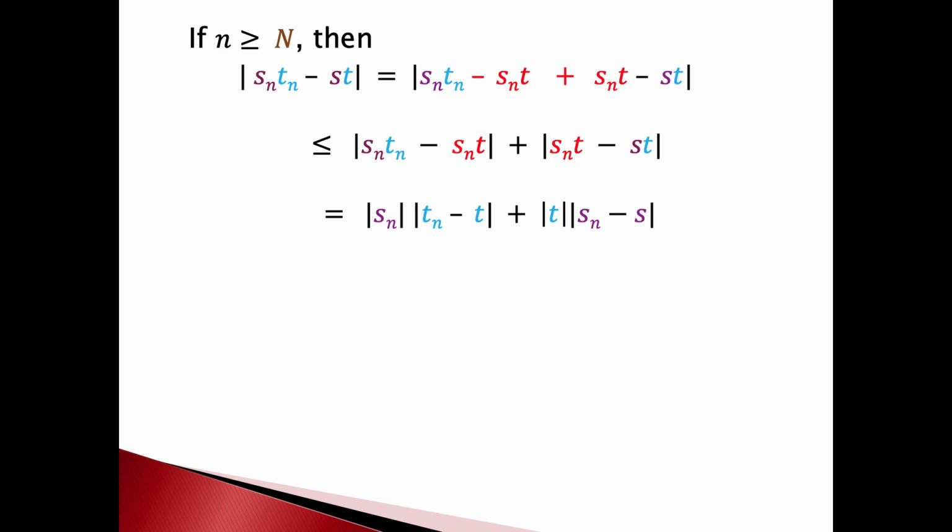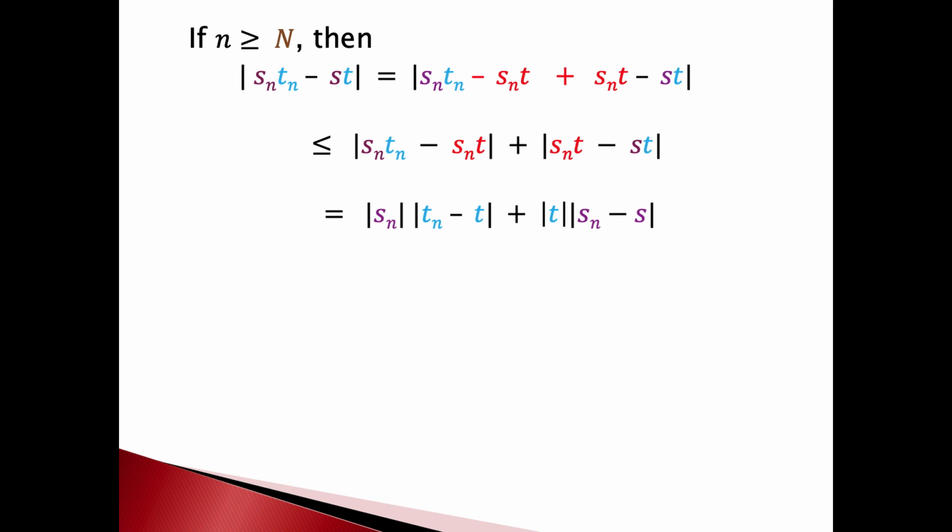And now if you look at those absolute values, the differences are exactly what you have when you prove that Tn converges to T and that Sn converges to S. In other words, I already know stuff about that. I already know that the Tn's are getting closer to T and that the Sn's are getting closer to S, and so we can use that.